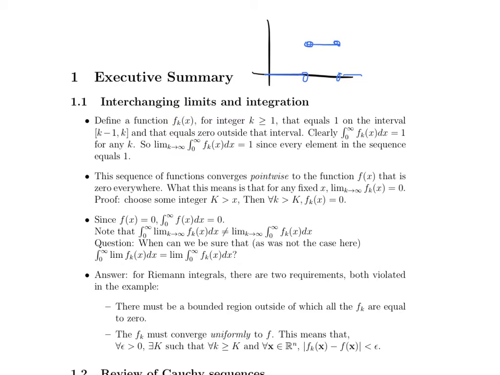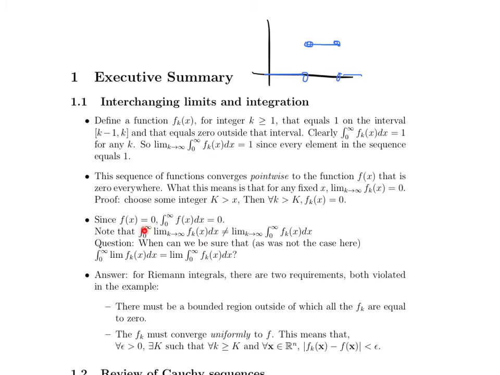And note that we have a very interesting notion happening here. If we take the integral of the limit of the f sub k's, we get 0. But if we take the limit of the integrals of the f sub k's, we get 1, right?